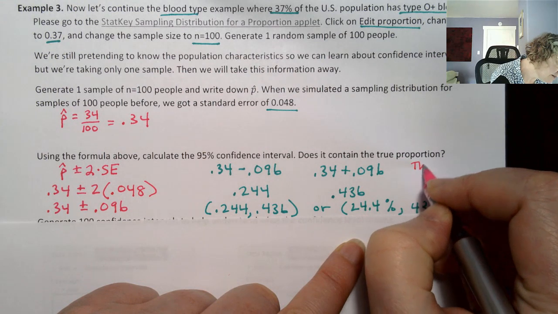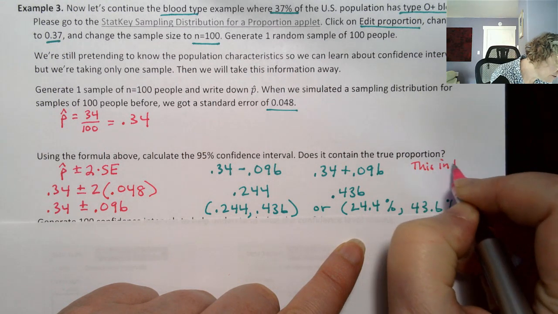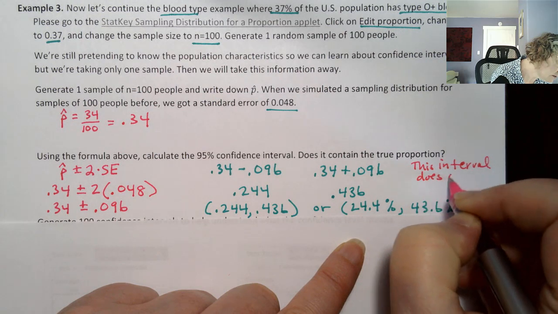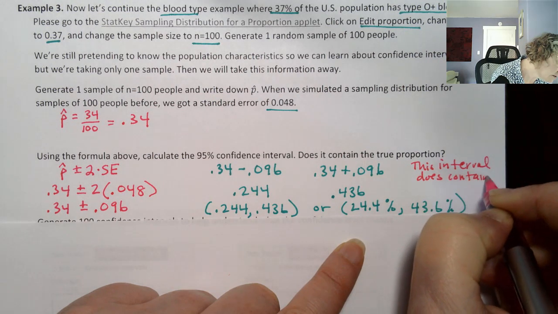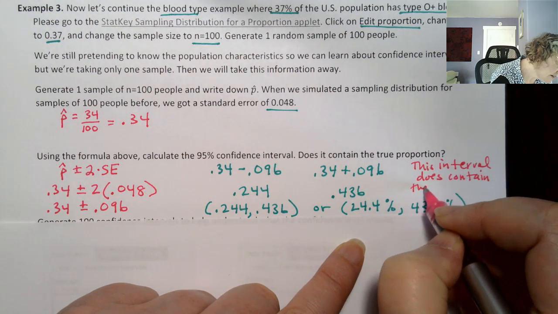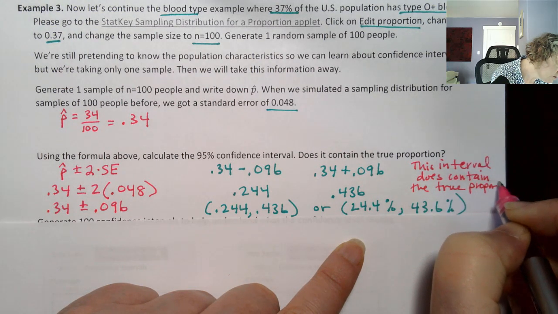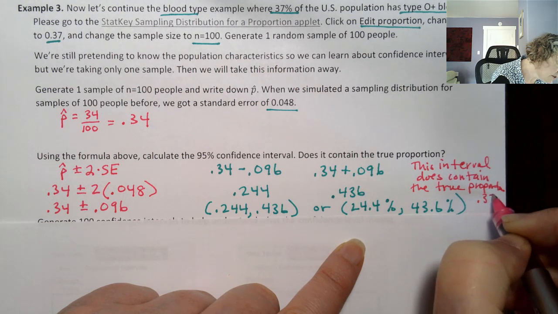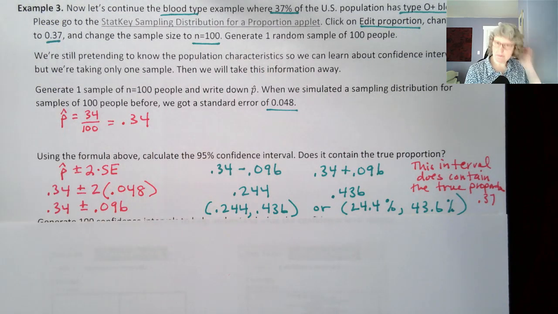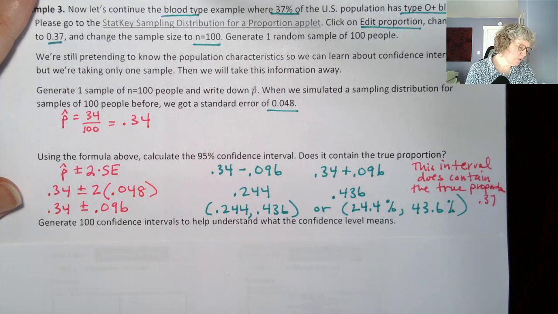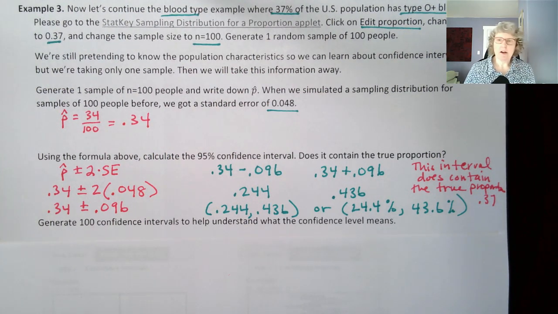So this interval does contain the true proportion 0.37.